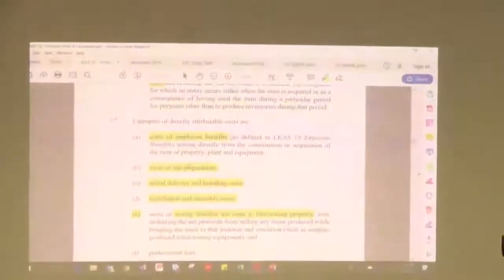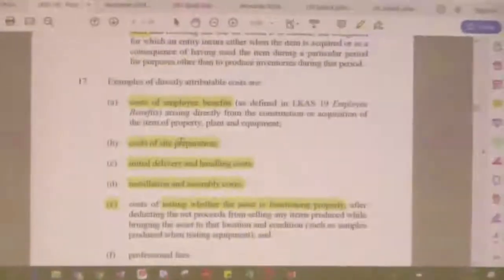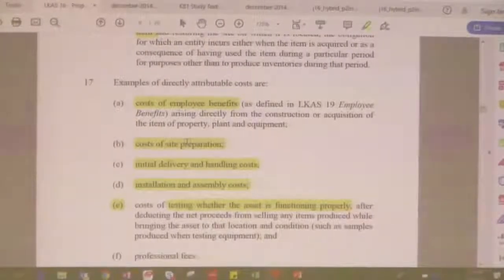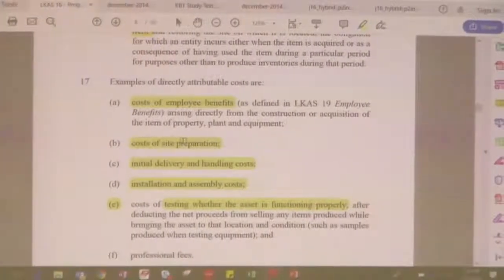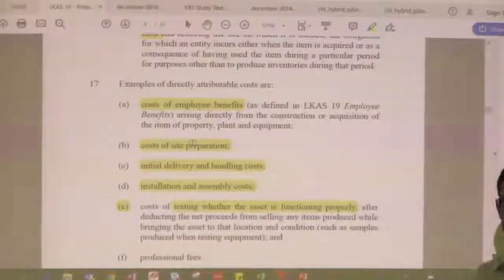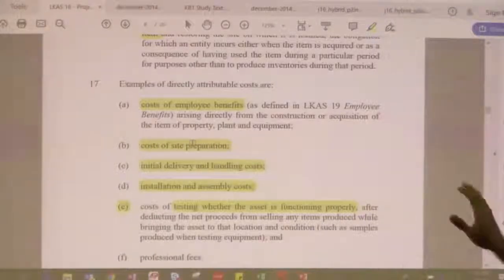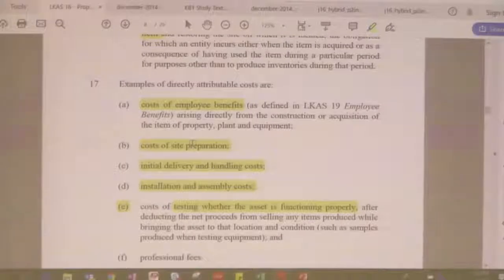Cost of employment benefit, cost of site preparation, initial delivery and handling cost, installation cost. All these things you can capitalize. You can see I have highlighted those examples. No need to keep this in your mind. Why? Straight away they are in the standard. Highlight it and insert the paragraph number in your conceptual visualization.